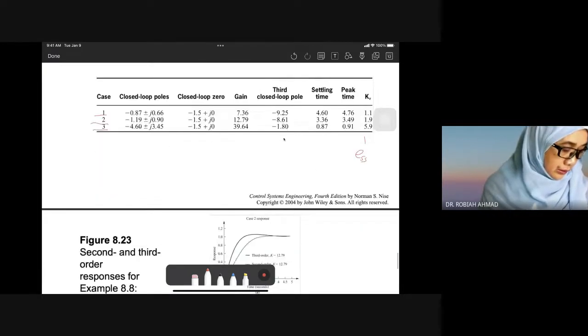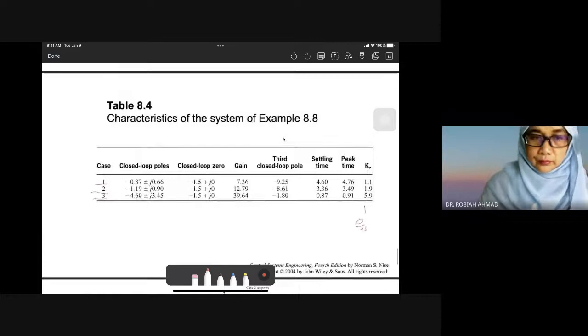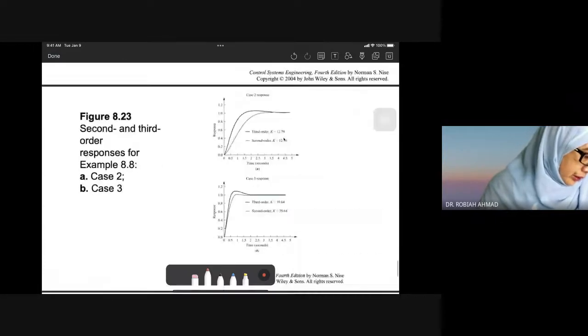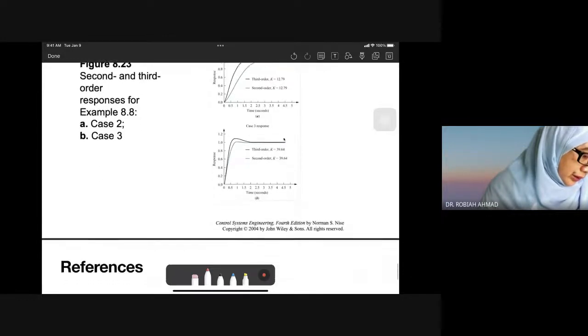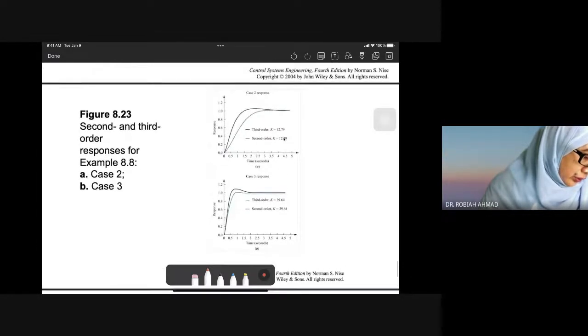Ada soalan? Okay, so I proceed with the response. This one is for your additional knowledge.